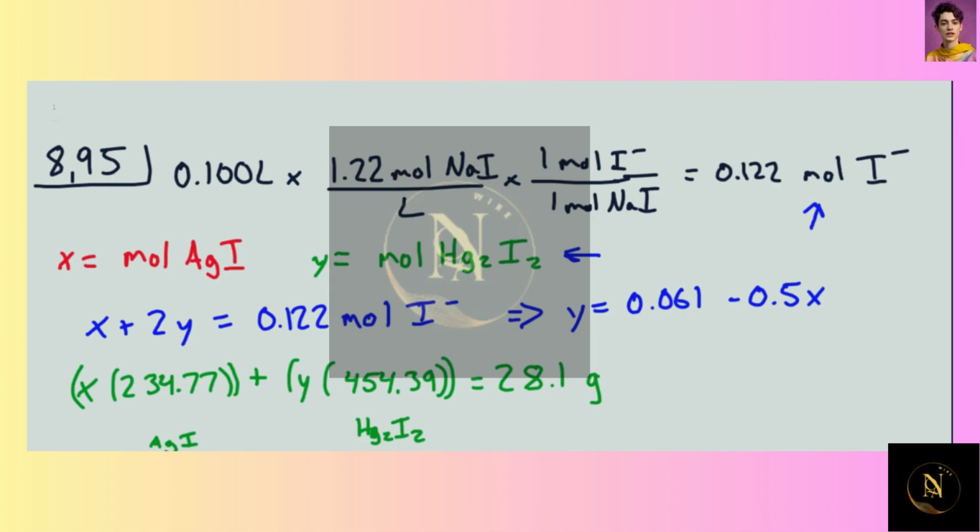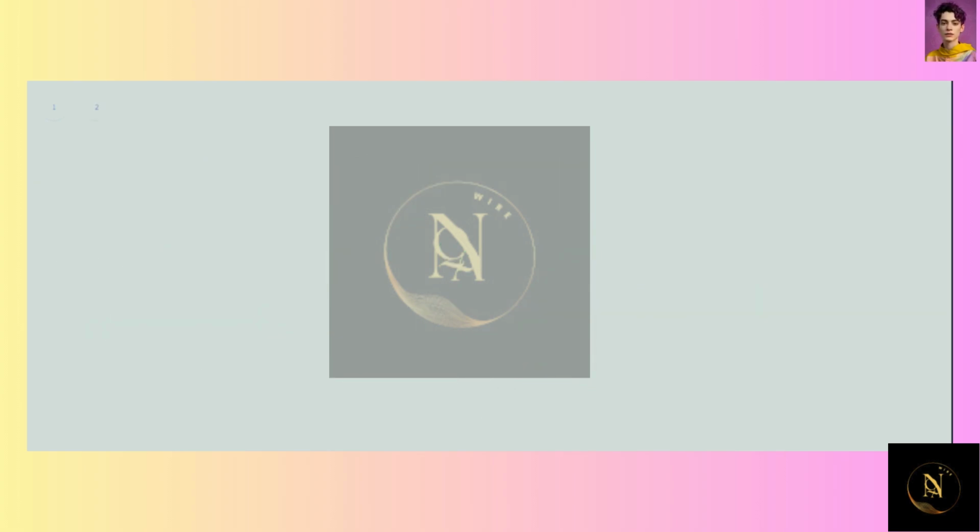So what we need to do now is we solve for Y here, so we can plug Y into this equation and we can solve for X. So we plug the first equation into the second equation. So we have 234.77X plus 27.72, because we multiplied 0.061 times 454.39.